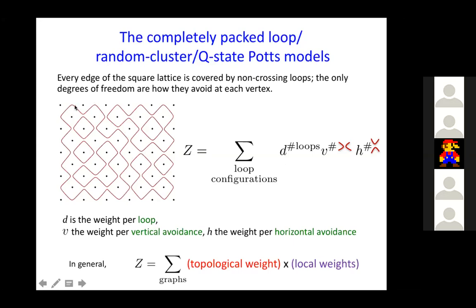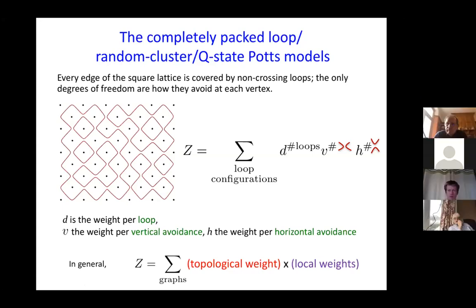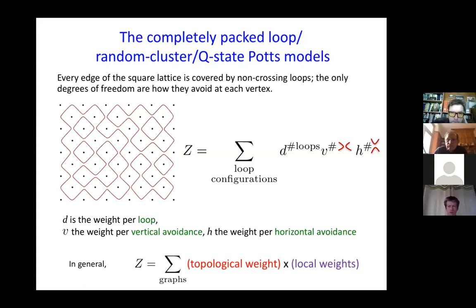So you have to follow all the way from there to there to see that these are part of the same loop, and I give it one. So it's a non-local weight, and it depends only on the topology. It's just the number of loops. And then there are these local weights, the V and the H. All the geometric models that I'm going to talk about today are of this form. I'll mainly confine myself to this one.